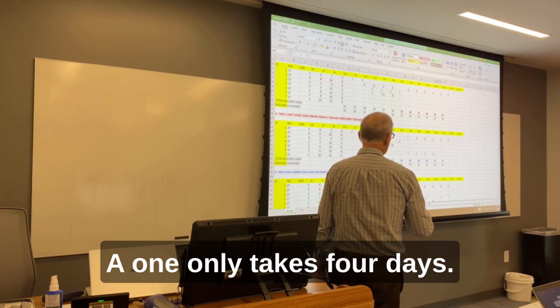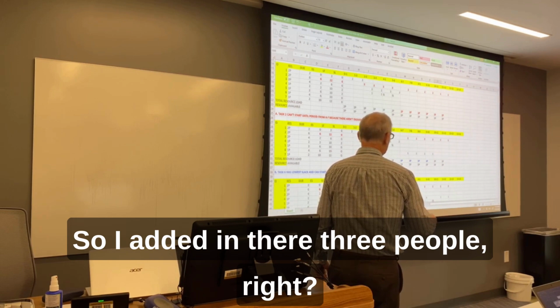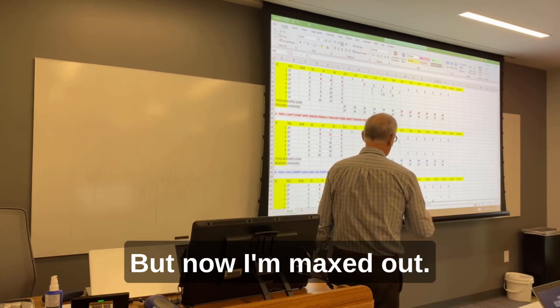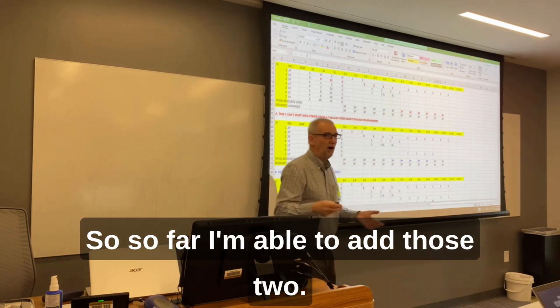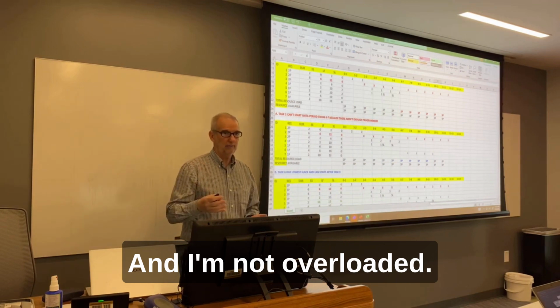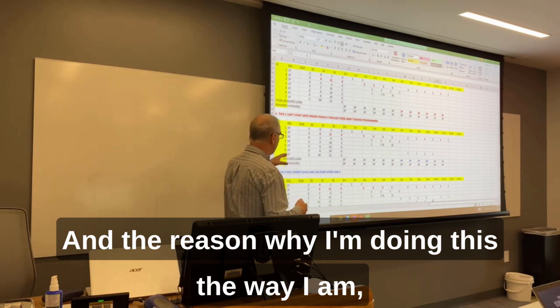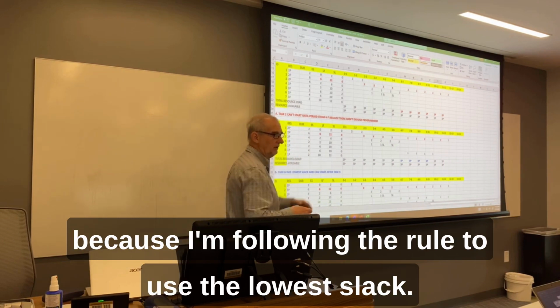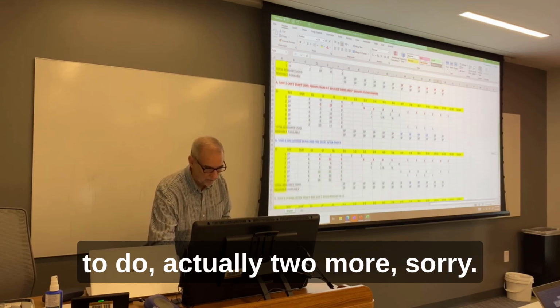Here's a 1, only takes 4 days. So I added in there 3 people, right? But now I'm maxed out. So far, I'm able to add those 2, and I'm not overloaded. Everybody got that? And the reason why I'm doing this the way I am is because I'm following the rule to use the lowest slack.